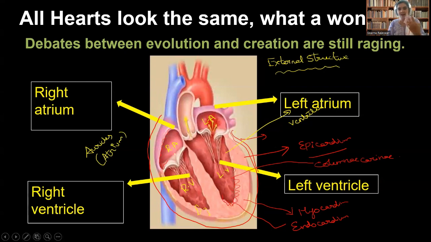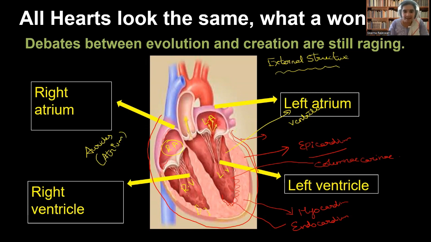Understood? I am taking my heart, placing it on the board and explaining to you. So this is the right auricle, right ventricle, left auricle and left ventricle.